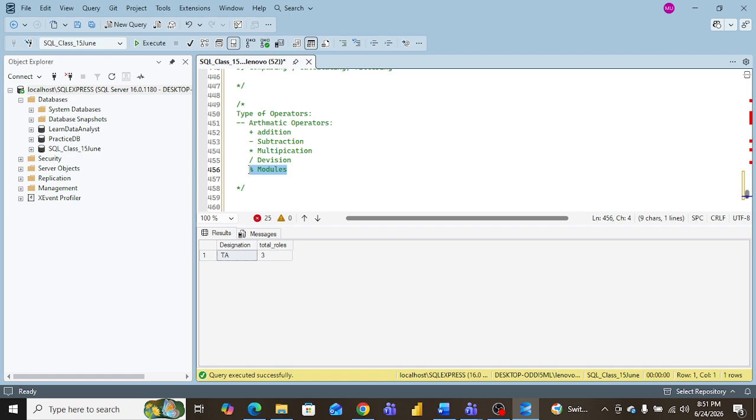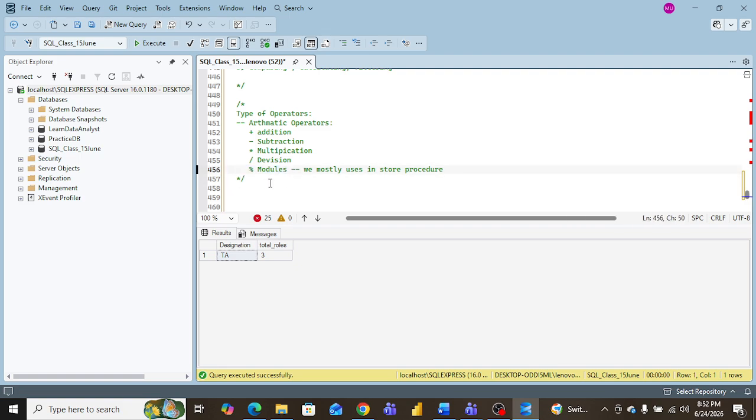When we learn the stored procedure, I mentioned that we mostly use it. What is a stored procedure? I have to explain the stored procedure to explain modulus, so my whole topic would change.